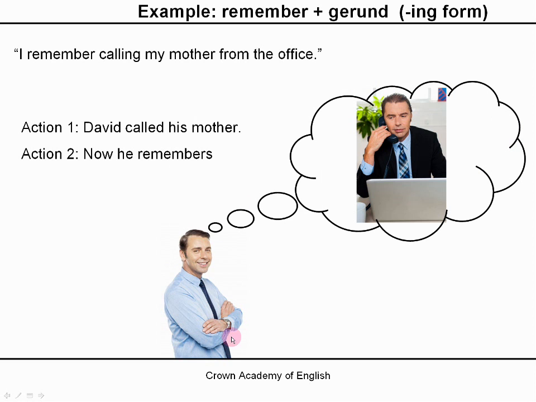So here he is. He's thinking, and he remembers calling his mother from the office. So he can say, I remember calling my mother from the office. First, he called, and later, he remembers. Okay?